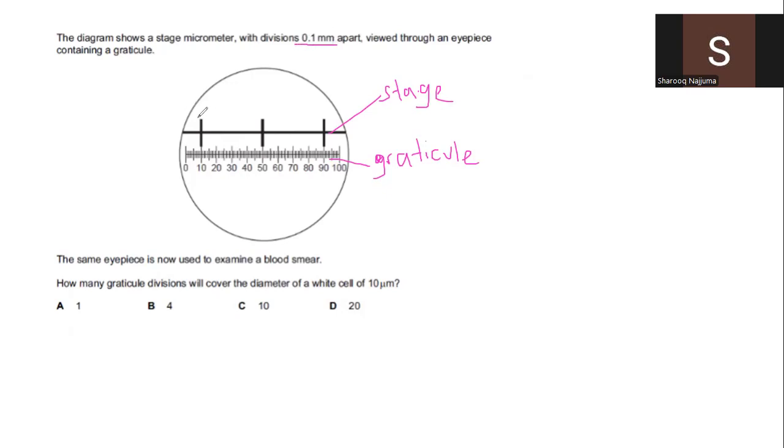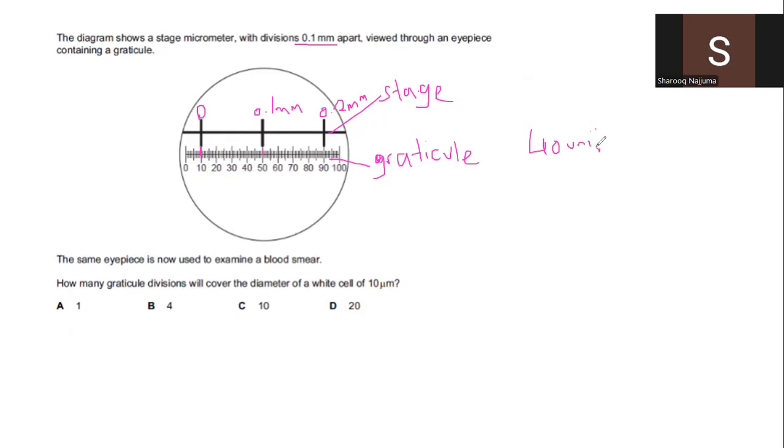Still, I always use an example, assuming this is 0. Here we shall have 0.1 millimeters, then here we shall have 0.2 millimeters. Calibrate the eyepiece graticule there and then consider any point. I'm going to consider the point from the 10th unit to the 50th unit. The difference there is 40. That means 40 units.